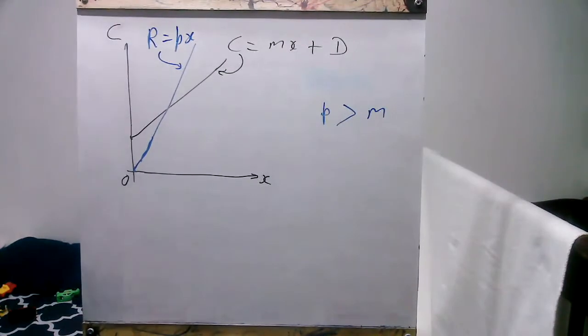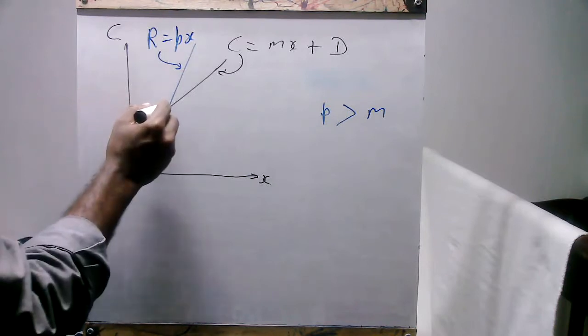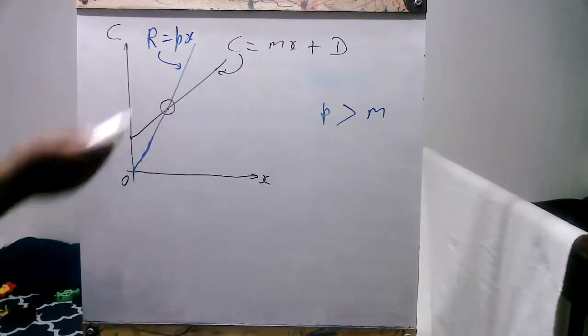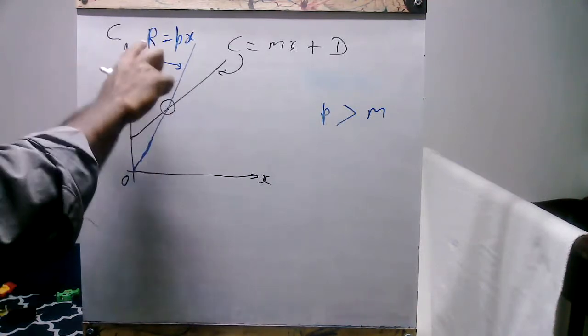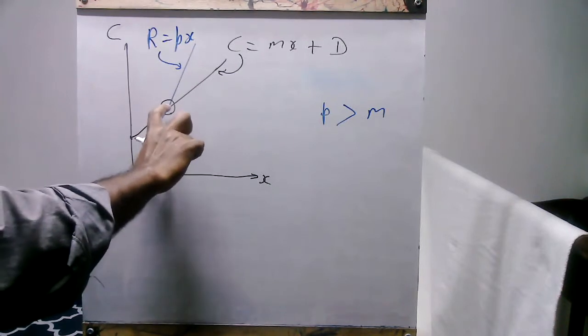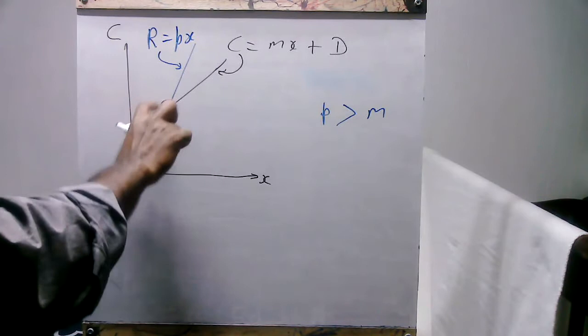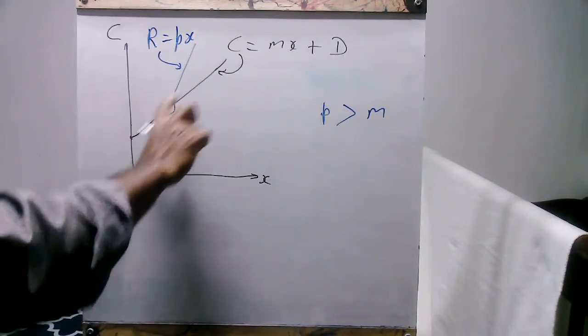Okay. Now you see these two graphs intersect right here. So what happened here? At this point you see revenue, this shows you the height to the graph. R means height from x-axis to the blue graph. C means height from x-axis to the black graph.